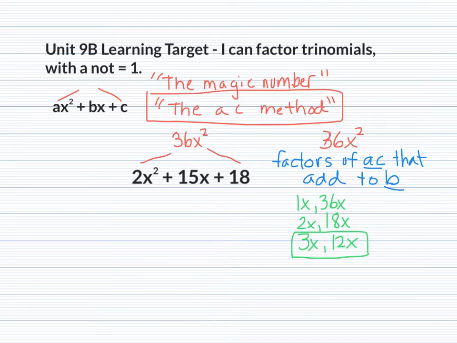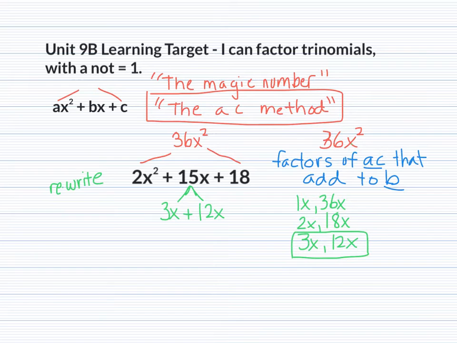So what we do is we rewrite 15x as 3x plus 12x. So all I'm saying is I just broke this down into two terms that add up to 15x.